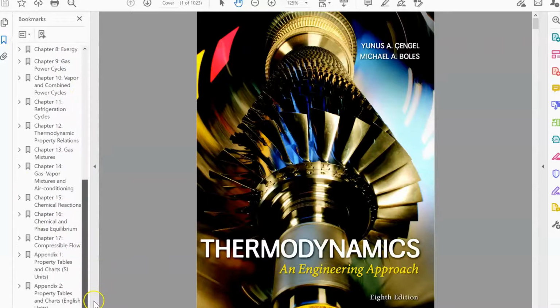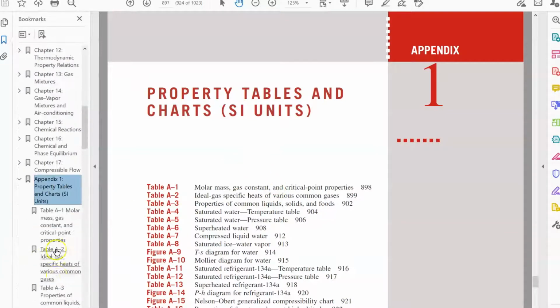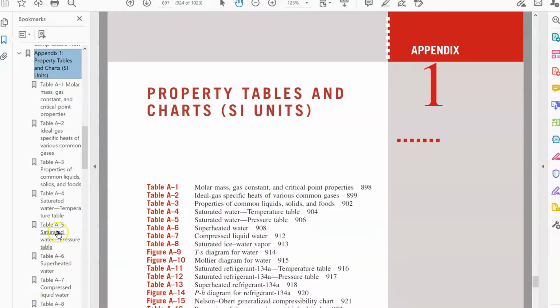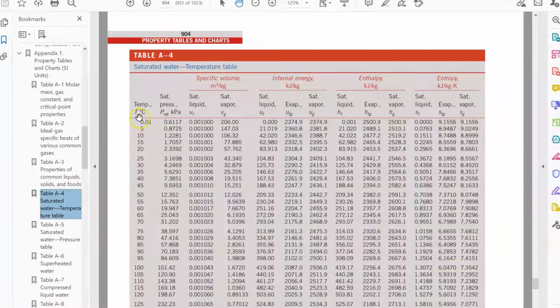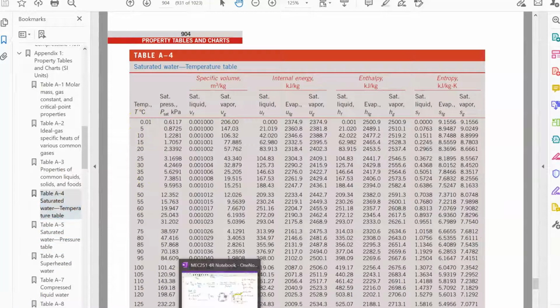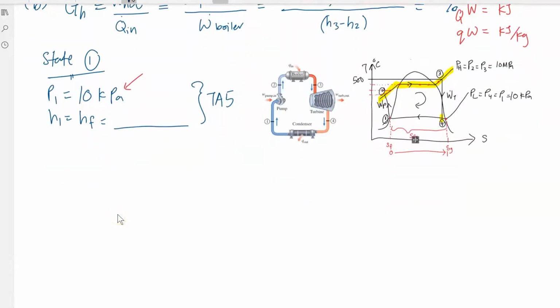Again, I'm going to show you this in the appendix. You will see that table A5 is for pressure. If the information given to you is temperature, you are going to make use of table A4. Moving to the next part, you will need another value, but I'm going to leave it blank over here, and I will explain later why.